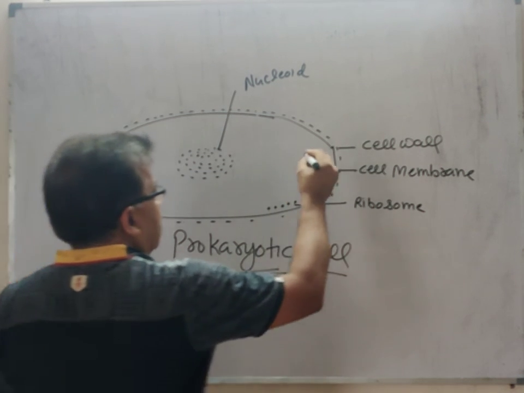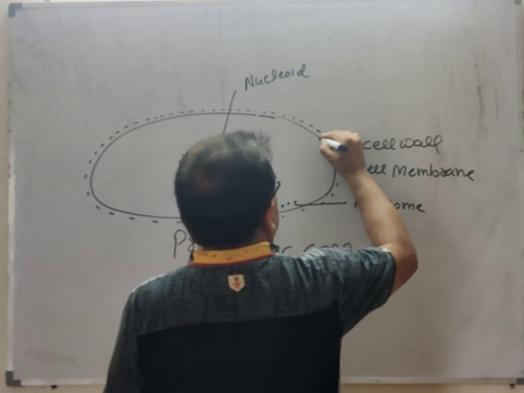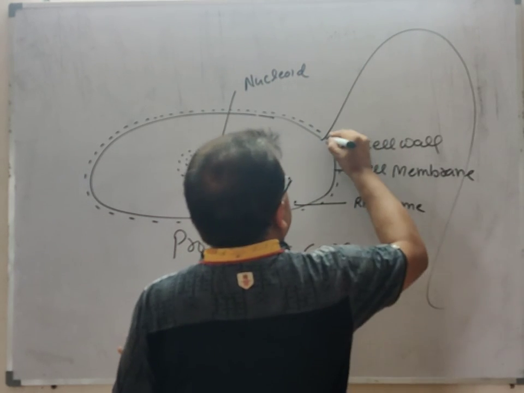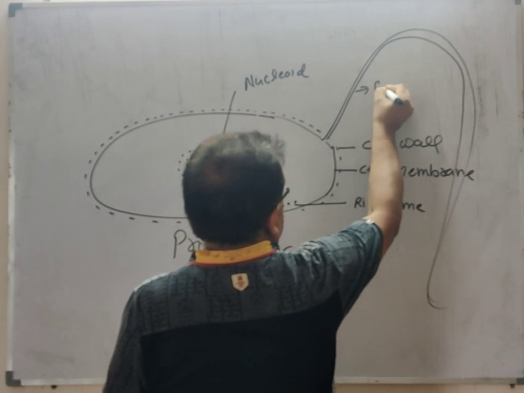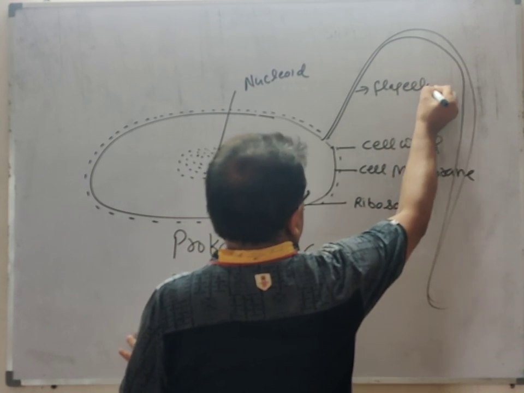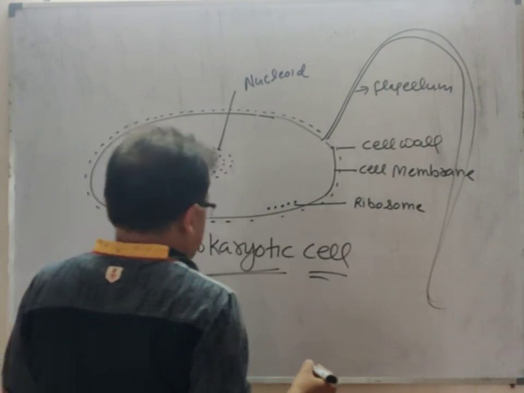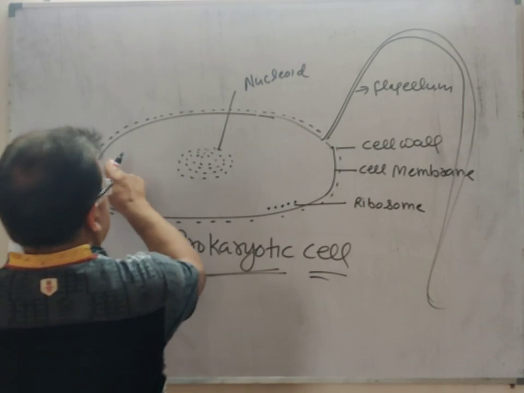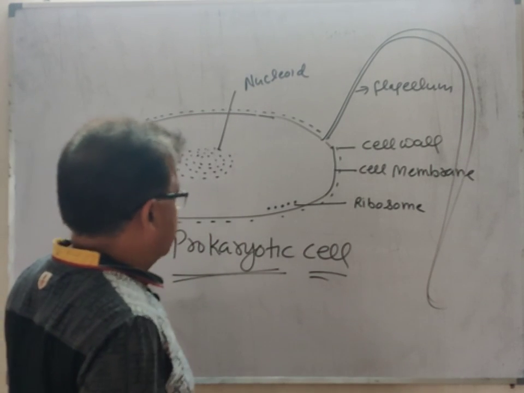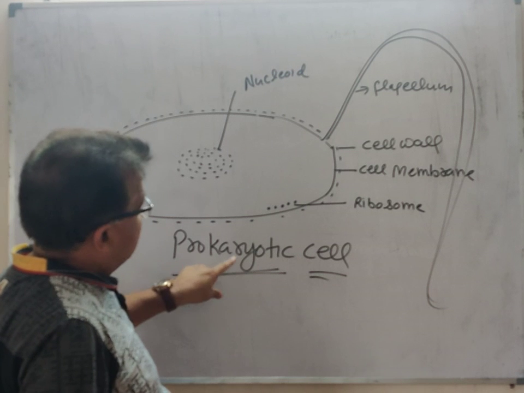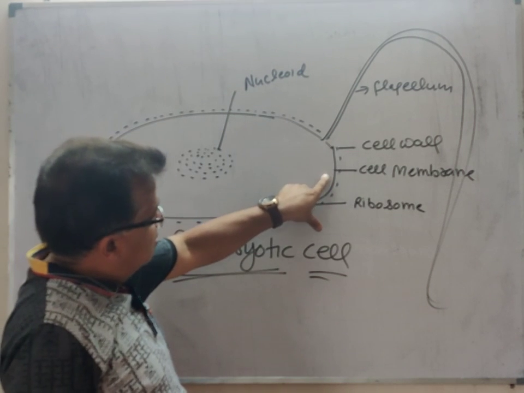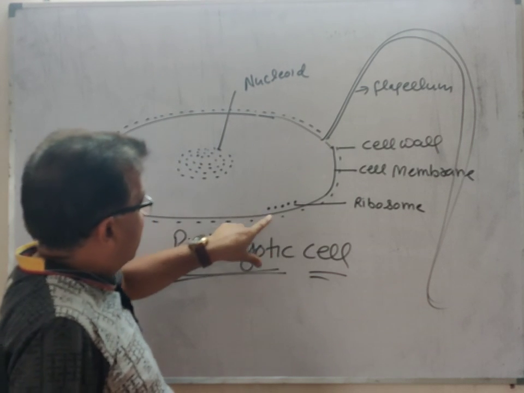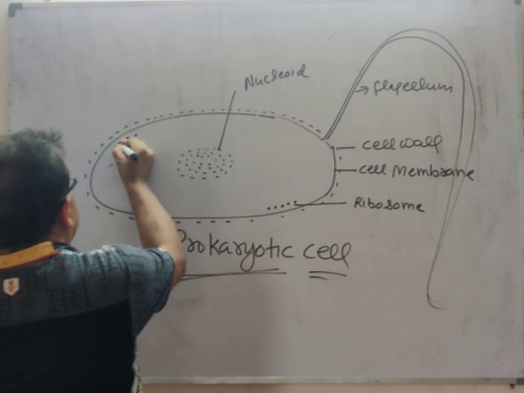Double membrane, cell wall, ribosomes, nucleoid and flagellum you can show here. You can also show this type of structure, it is flagellum. This is sufficient. So it is structure of prokaryotic cell which is found in prokaryotes, double membrane, cell wall, ribosomes are present.